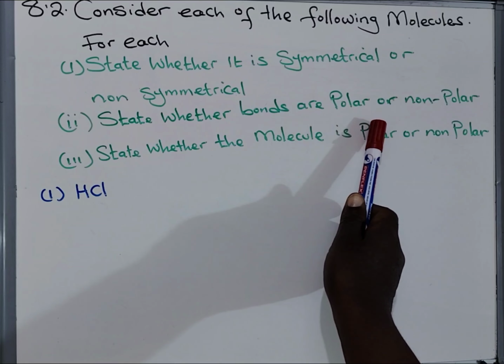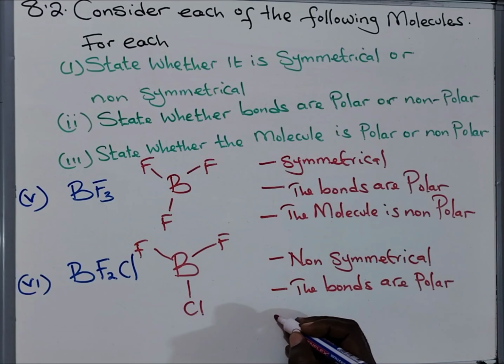Definitely they are polar, because boron has a different electronegativity from fluorine. Now, the molecule being non-symmetrical and having polar bonds implies that the molecule is polar.